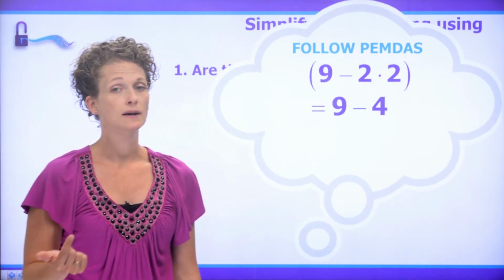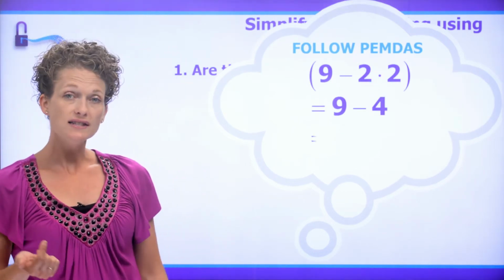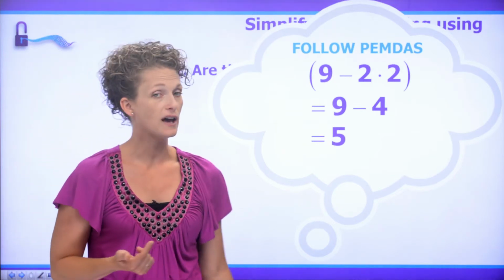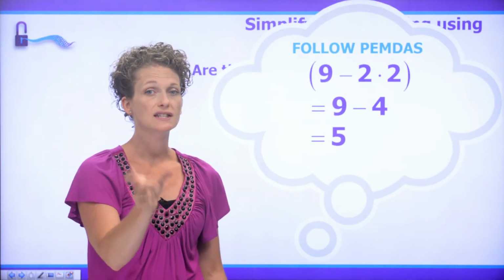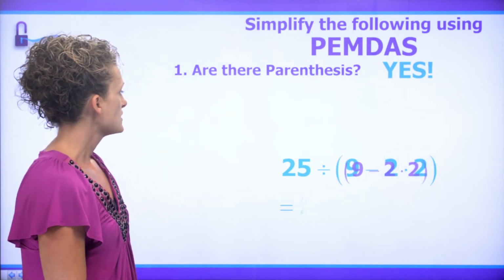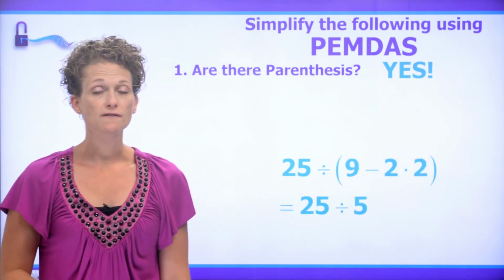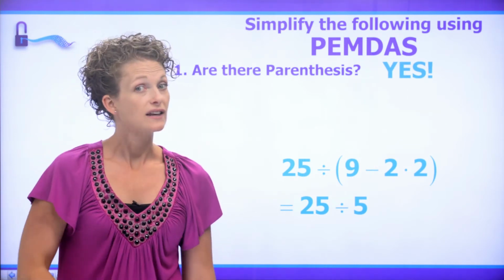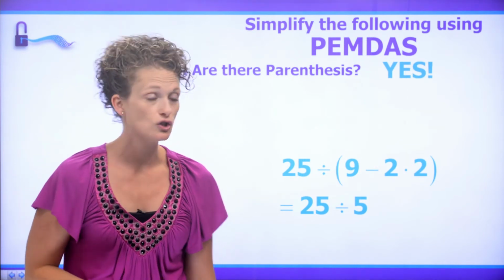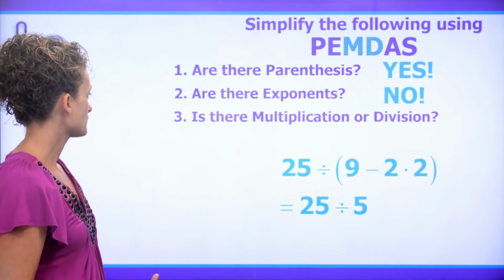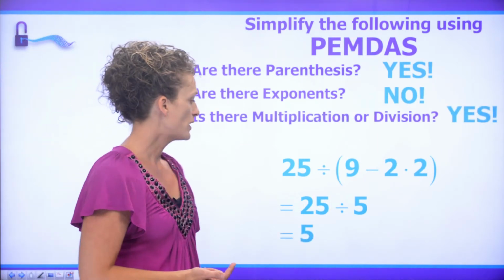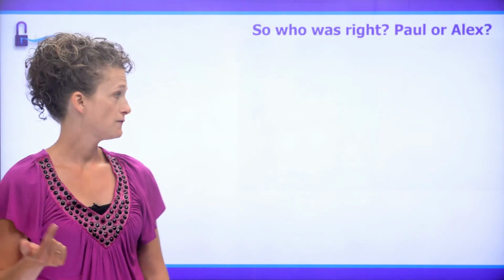So we have 9 subtract 4. And 9 subtract 4 is going to leave us with 5. So inside parentheses, that becomes 5. So we're going to go ahead and simplify and we get 25 divided by 5. Now there's only one operation left to do, which is your division, and 25 divided by 5 is 5.